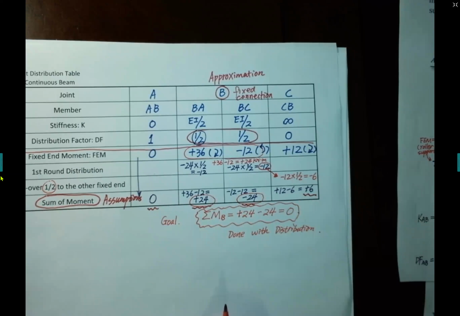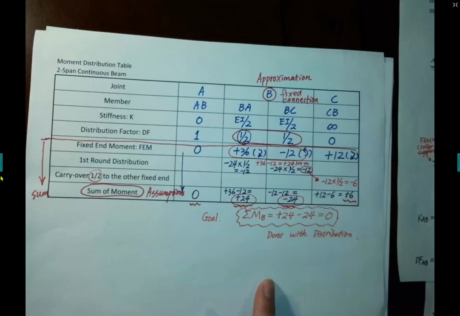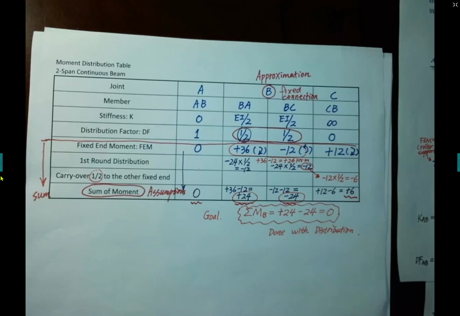After that, the structure is reduced to a statically determinate structure. From there, we can use equilibrium equations to solve the problem. According to this table, now we can draw the free body diagram for each member.